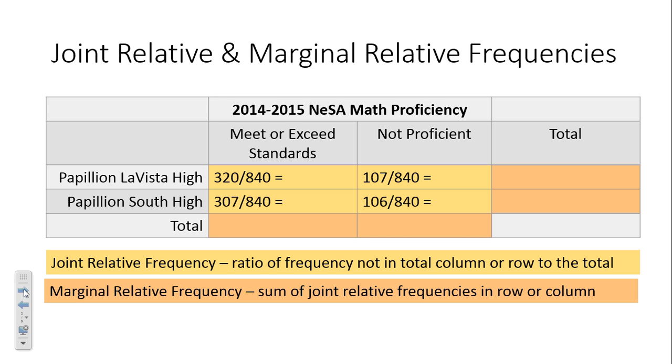So we're going to take the number that we have in this spot, those who met or exceeded the standards, and we're going to divide it by that total number of people that were down here. Okay, so 320 divided by 840.